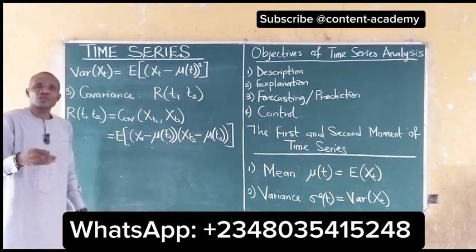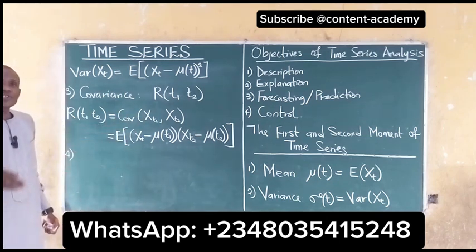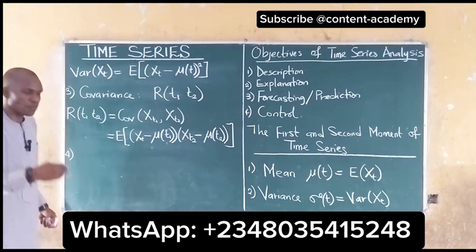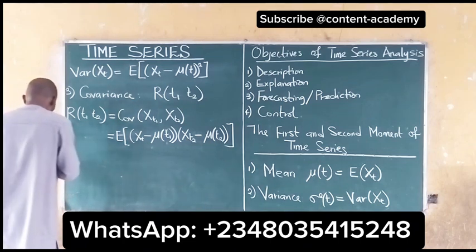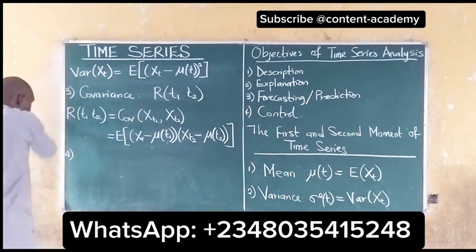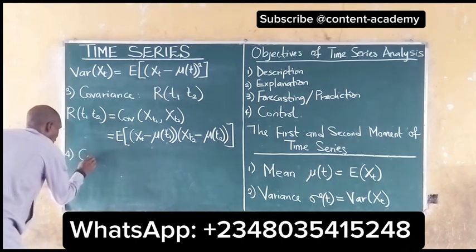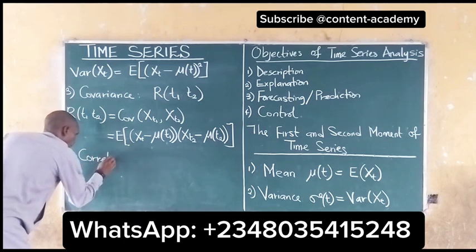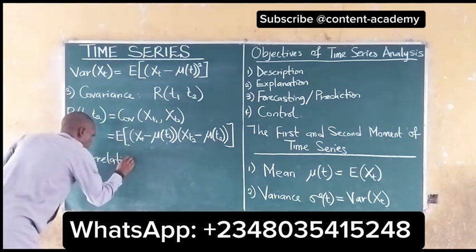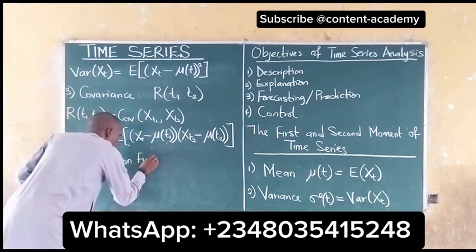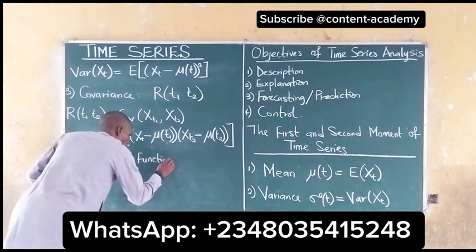That means the first and second moments of a time series. Because before you can describe a time series, you must first describe the moments of the process, as we talked about before. Now, the fourth item we have is the correlation function.